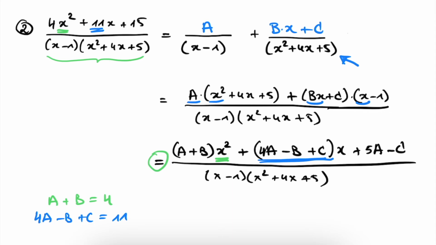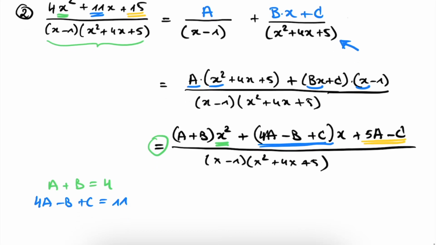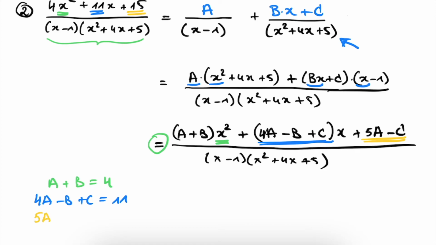And then of course we are left with the coefficients without an x. So that would be 15 here and 5a minus c here. So we get that 5a minus c is equal to 15. And instead of having a system of 2 equations here, we get a system of 3 equations, on which I also made a detailed video and we can now readily solve.